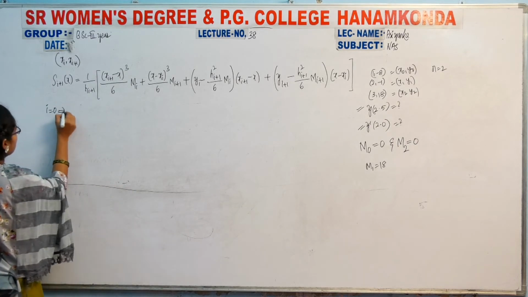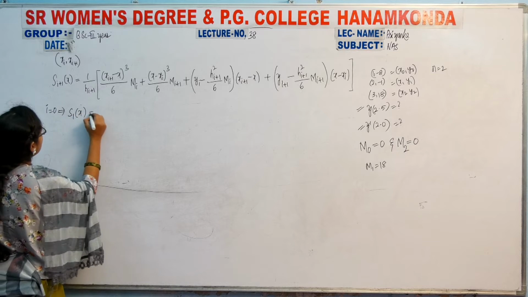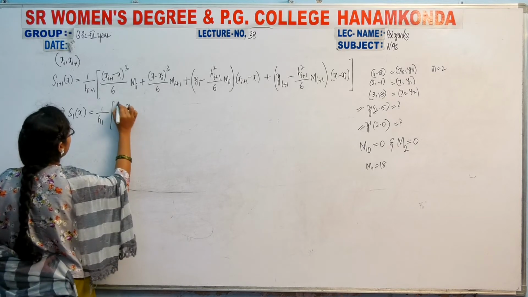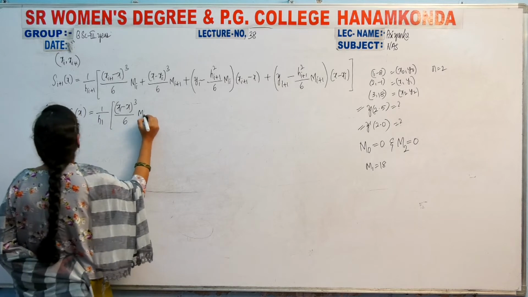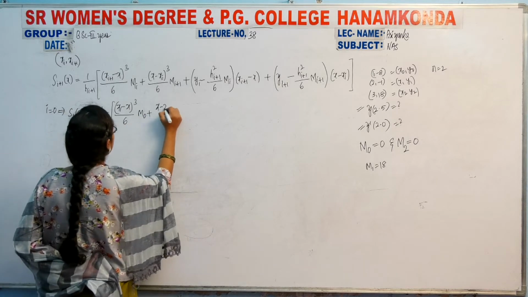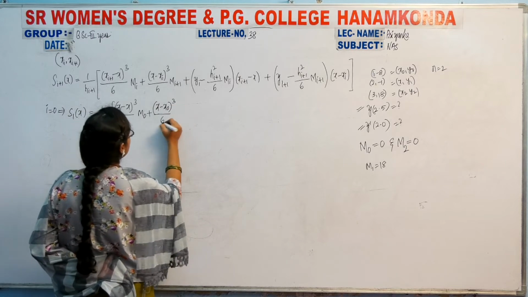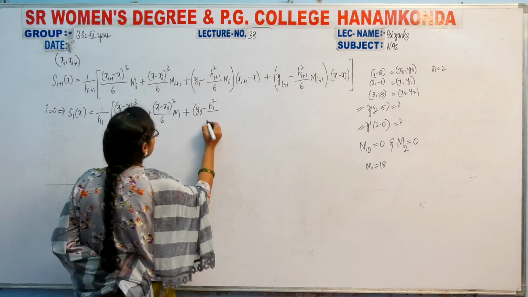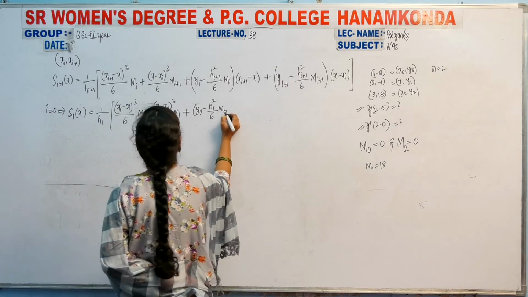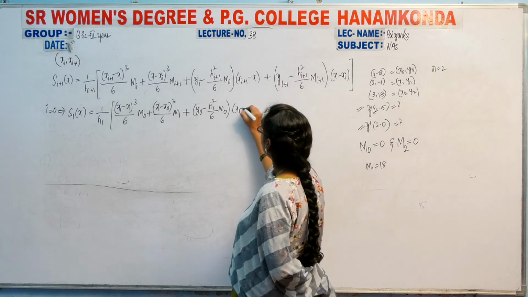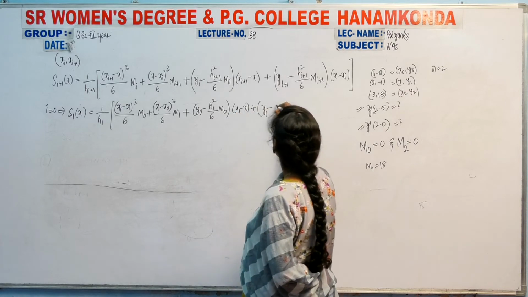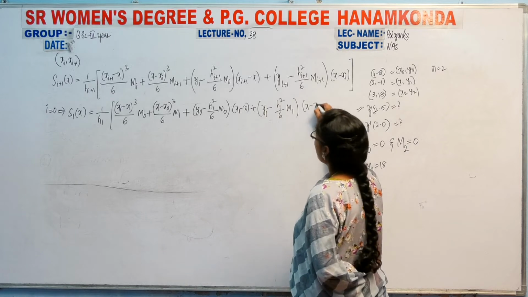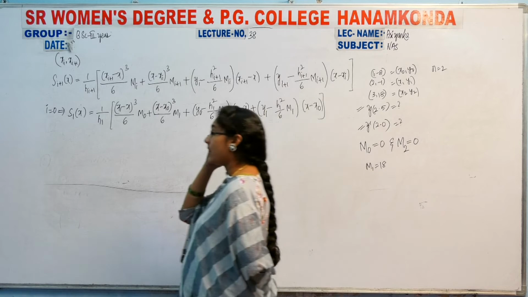That means I is equal to 0, then s1 of x is equal to 1 by h1 of (x1 minus x) whole cube by 6 m0 plus (x minus x0) whole cube by 6 m1 plus (y0 minus h1 square by 6 m0) into (x1 minus x) plus (y1 minus h1 square by 6 m1) into (x minus x0). This is a formula. Now we have to substitute all the values.